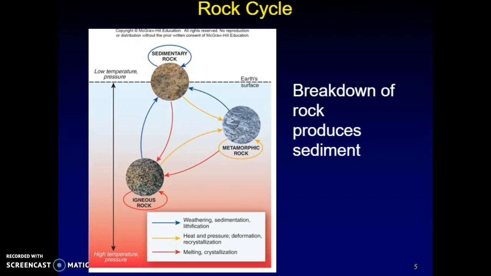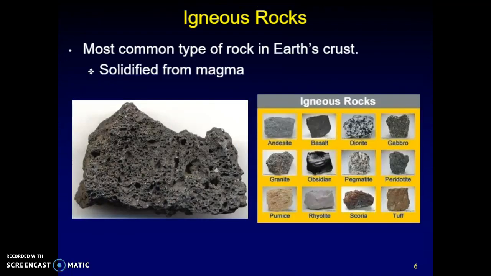All right, so let's take a look at igneous rock. Igneous rock is the most common type of rock in the Earth's crust. It is made from magma that has solidified. The liquid magma in the Earth's core, as it cools and comes up to the surface of the Earth, solidifies into different types of igneous rock.